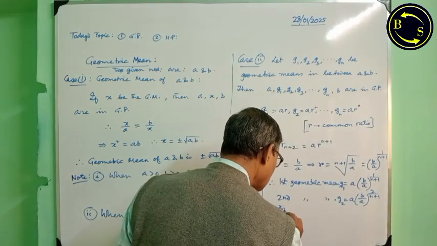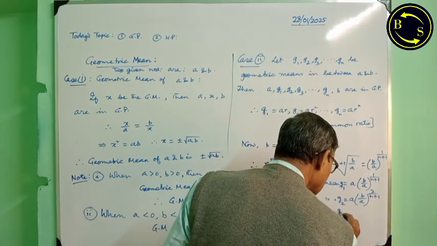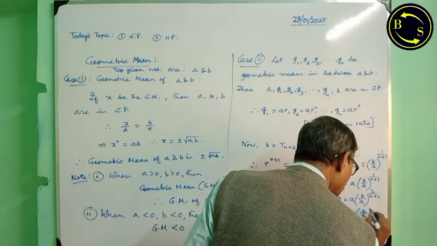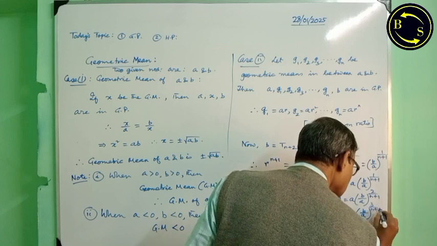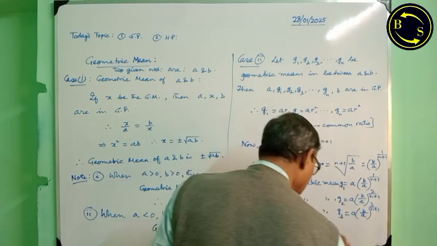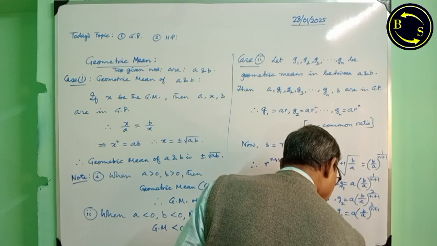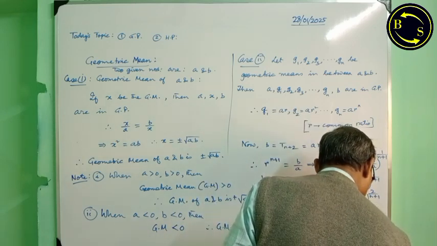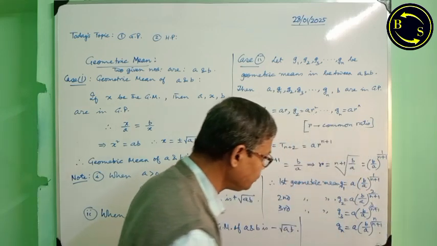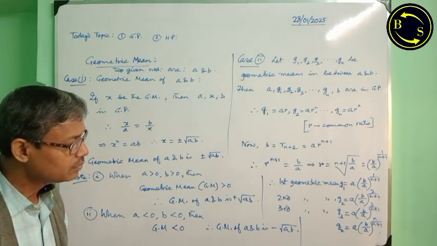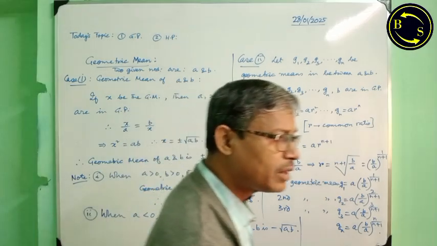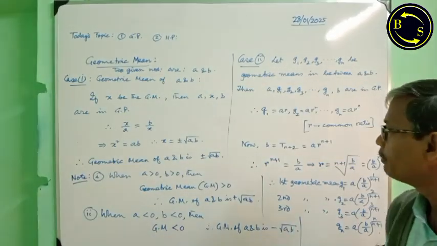Third, G3 is A into B by A whole to the power 3 by n plus 1. Following the symmetry, Gn, that is the nth geometric mean, will be A into B by A whole to the power n by n plus 1. Thus we have found geometric means in between two given numbers A and B.